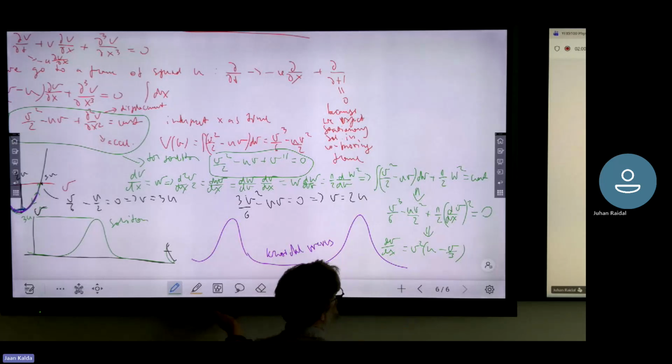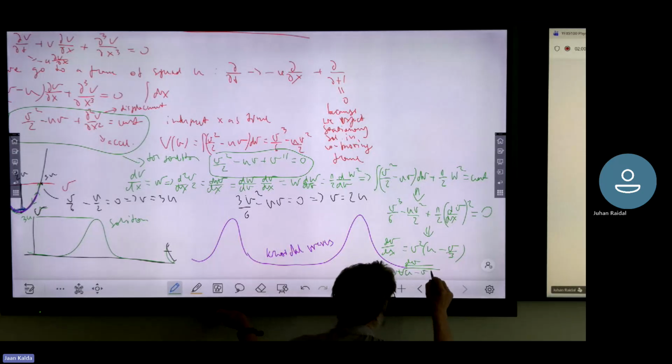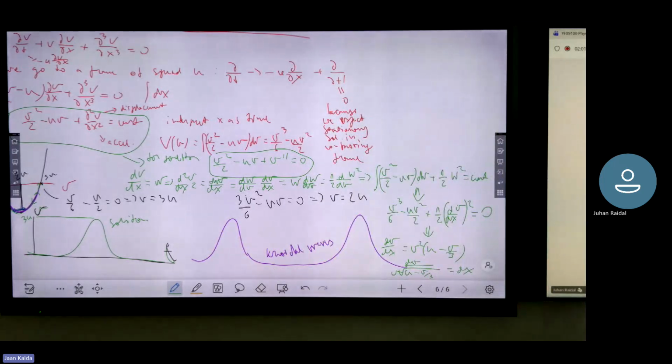I multiplied everything by 2, so this 2 goes away, 3 remains. And then from here I can obtain dv divided by square root of v times square root of u minus v over 3 equals dx. Basically, you can take the integral now, if you are smart enough.